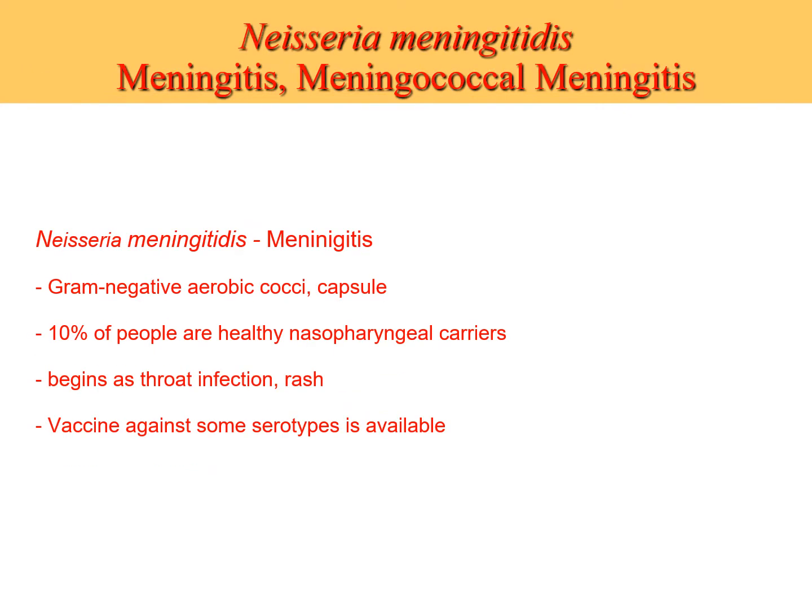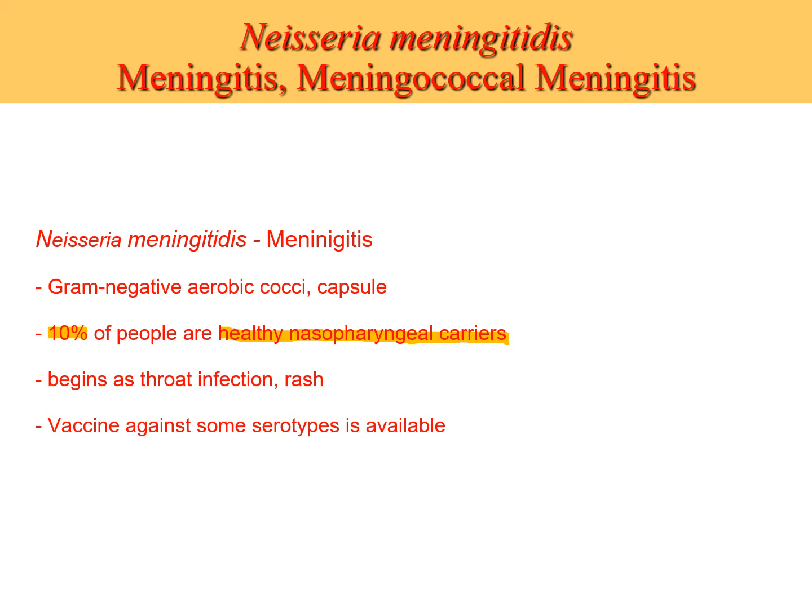In terms of Neisseria meningitidis, meningococcal meningitis, as opposed to the previous one, which was pneumococcal meningitis, this is a gram-negative organism. Again, a certain percentage of people, not very large, are healthy carriers within their nasopharynx.